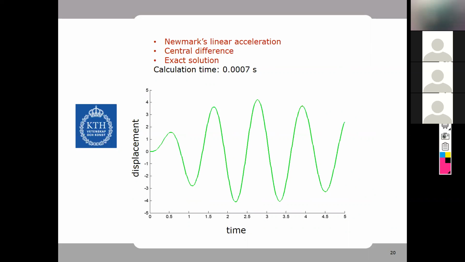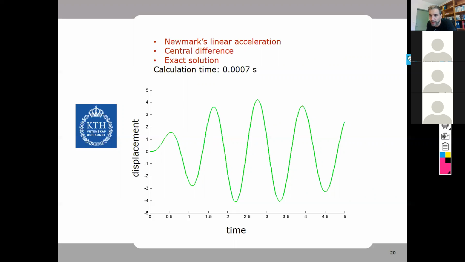But one thing that I didn't mention is that in practice, when we are talking about a single degree of freedom system, the delta t that we choose doesn't really matter, because, I mean, it does matter in a mathematical sense, but it does not matter in a practical sense, because the calculations are so fast in any computer that it will take milliseconds to do no matter what you choose.